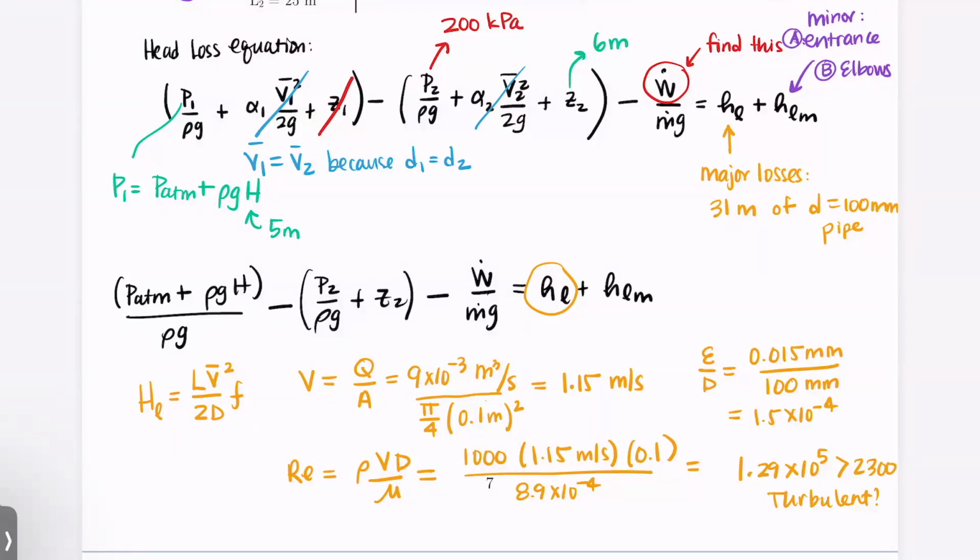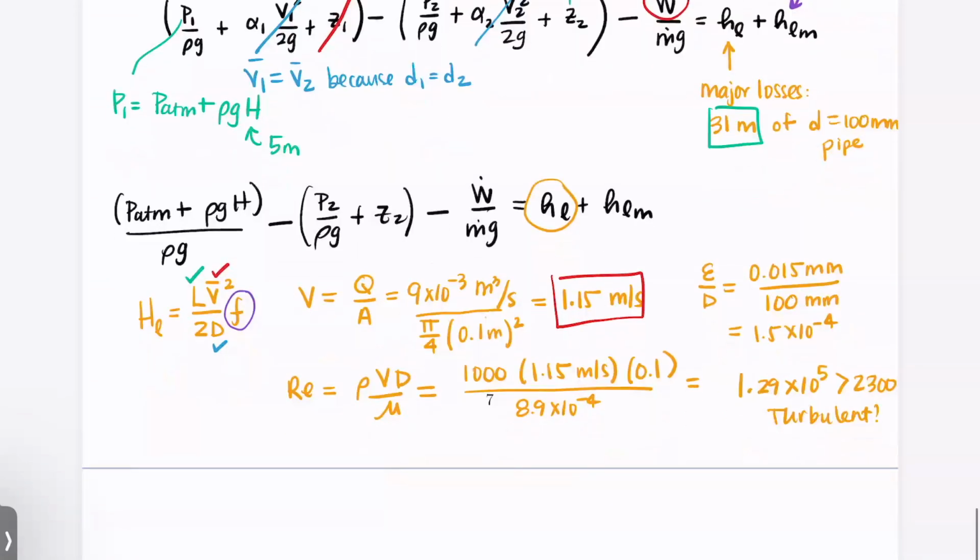So we have V now, so that's good. We know L already because we have 31 meters of pipe. And then we know D, that's given to us in the problem. So we need to figure out F.